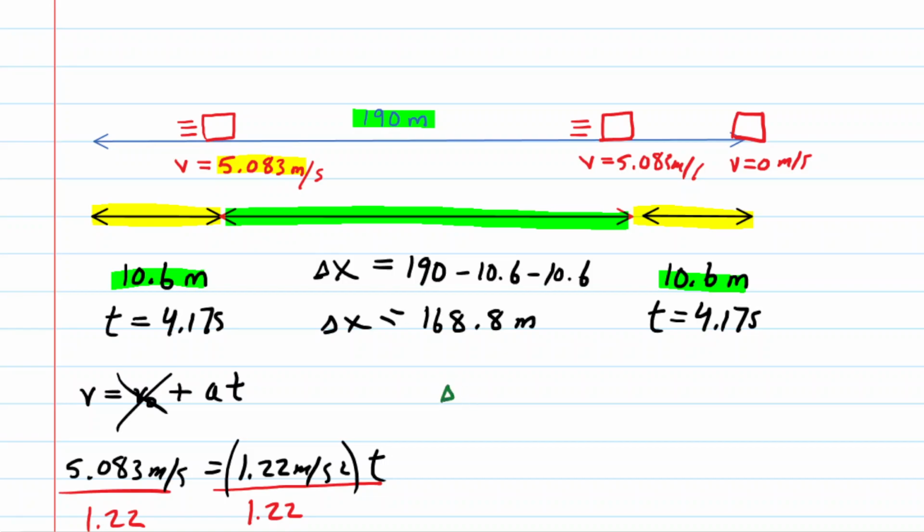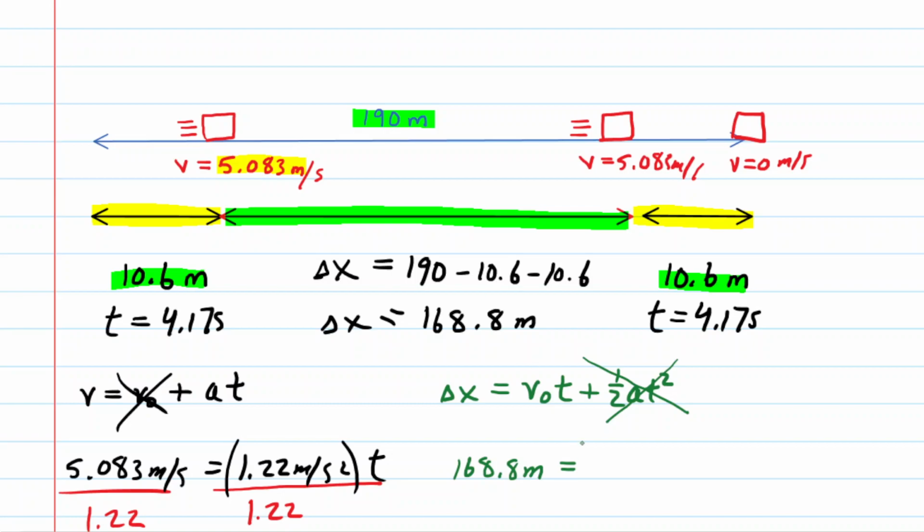And so we can consider the following equation. We know delta x is equal to the initial velocity times the time, plus 1/2 times acceleration times time squared. But as noted, the acceleration for that mid-segment is 0. It's just moving along at a constant speed. So this term would actually drop out here. We could then plug in that delta x that we just calculated for the mid-segment of its journey.